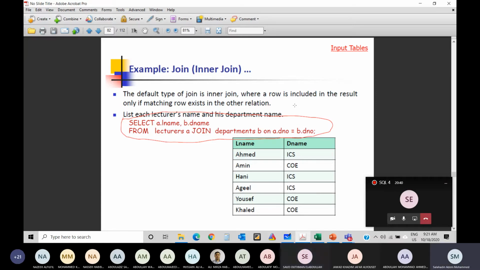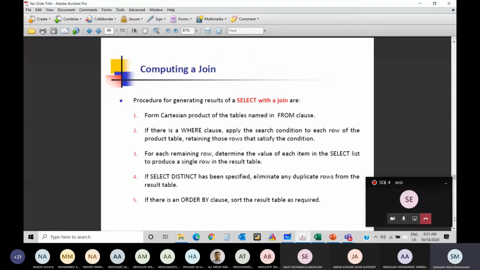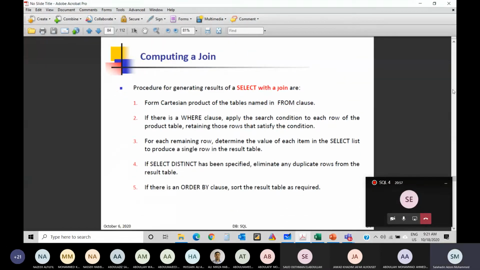It is inner join, equi join, right? It is because of this condition. Because of this condition, this is inner join. At the same time, it is what type of inner join? It is equi join. What about this? Very good. What is it?